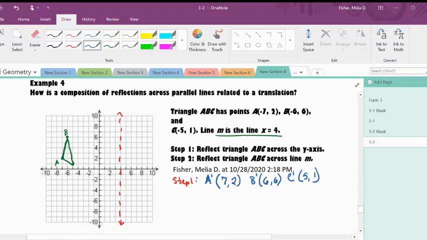So we would have a point at 7, 2, a point at 6, 6, a point at 5, 1. So reflecting it across the y-axis moved it to here.